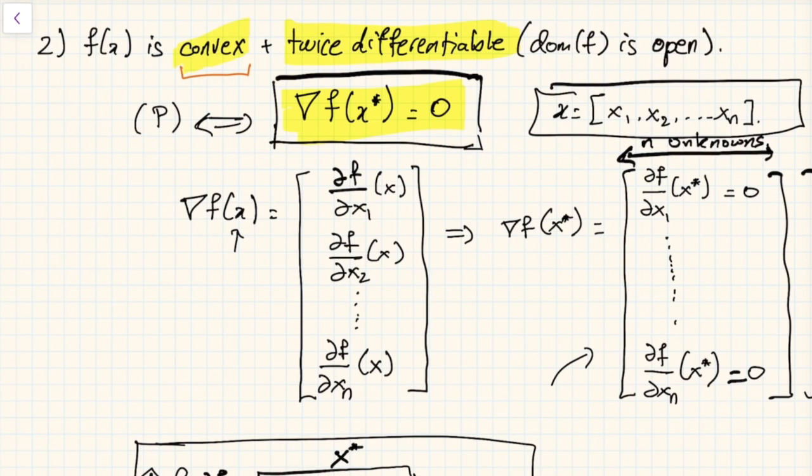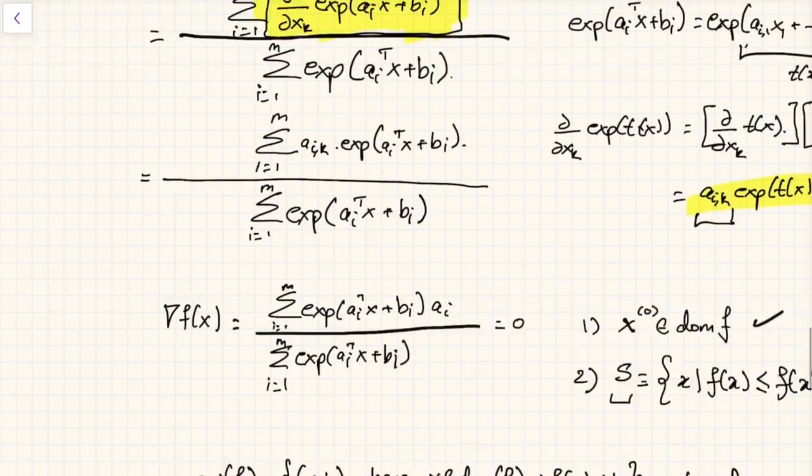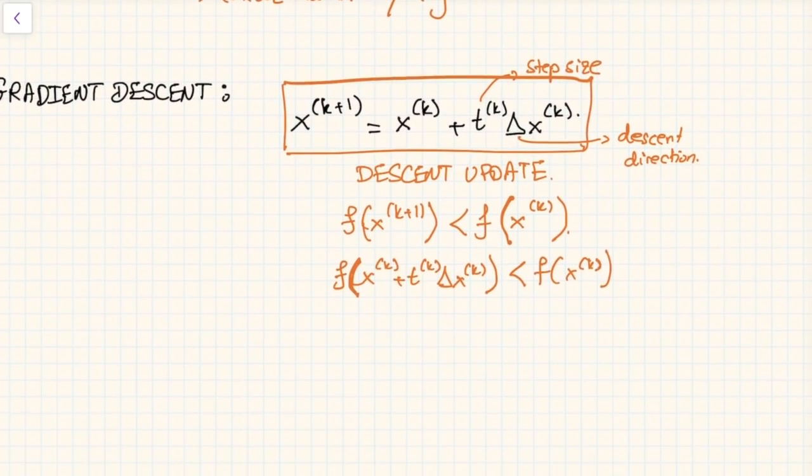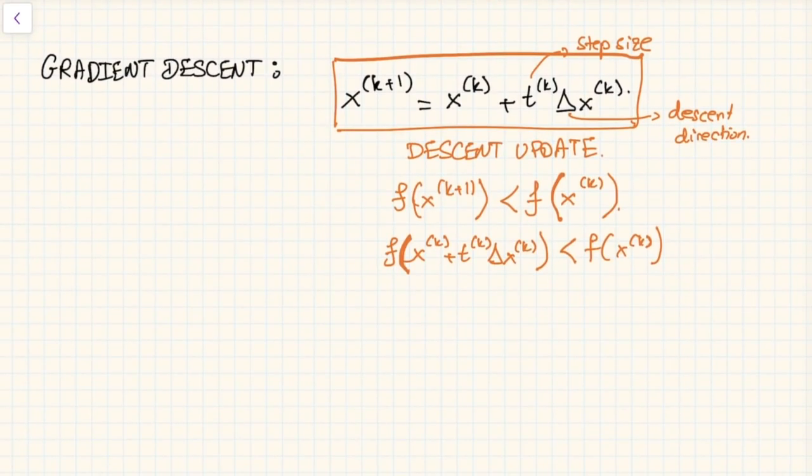But convexity is what we're going to use right now in the descent update. Why? Because we saw previously that this inequality, if f is convex, actually means that the gradient of f at xk transpose multiplied by delta xk is negative.